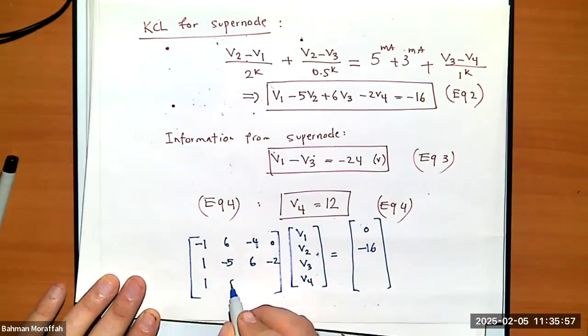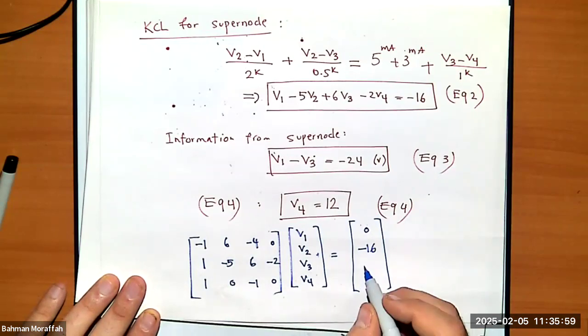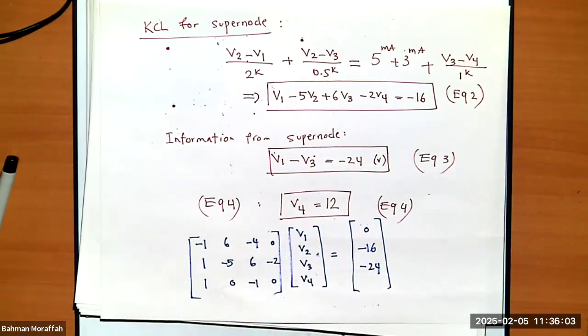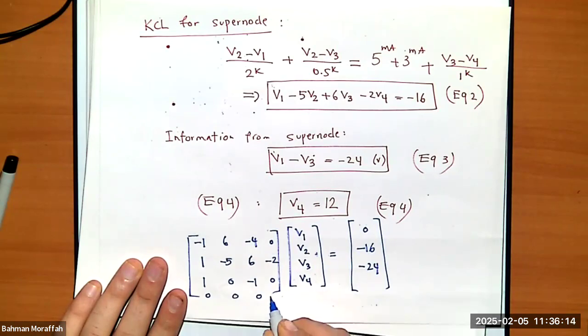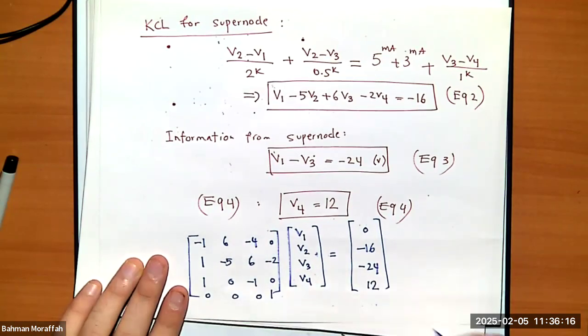So I have 1, 0, negative 1, 0. And the last equation tells me 0 times V1 plus 0 times V2 plus 0 times V3 plus 1 times V4, which should be 12. So that is 0, 0, 0, 1.